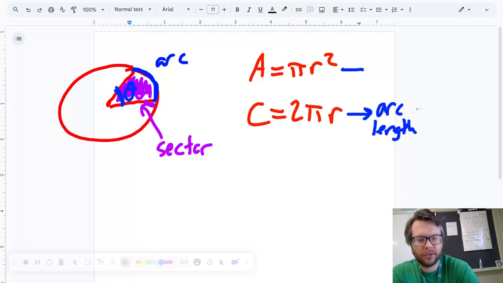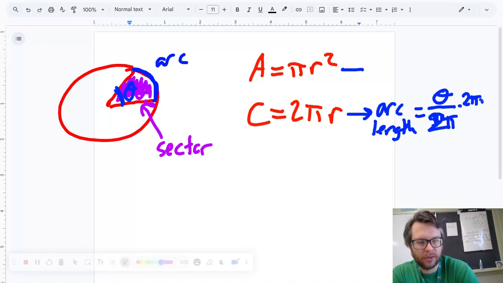We're not looking at a full circle anymore, we're looking at a fraction of the circle, and the fraction we're looking at is theta. A full circle in terms of degrees is 360. A full circle in terms of radians is 2 pi. So that's the fraction of the circle that we're looking at.